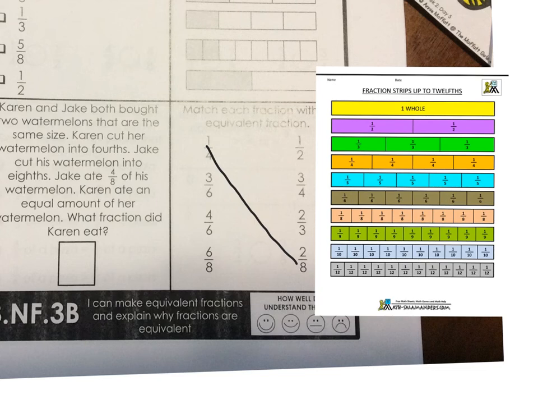So for the next one, just kind of do the same thing. Here's 3/6. Is it equivalent to 1/2, 3/4, or 2/3? Okay, so go ahead and use this tool to eliminate the ones that don't belong and then draw a line to the ones that do.